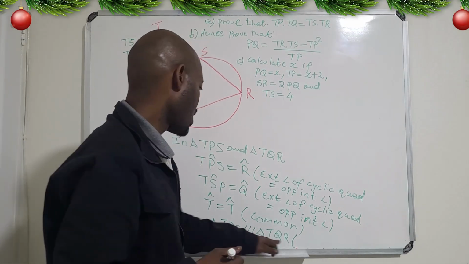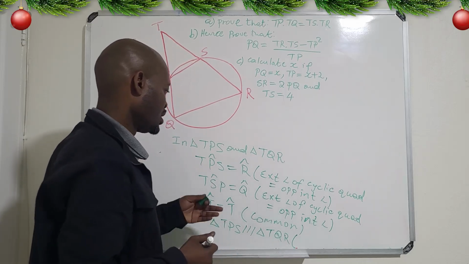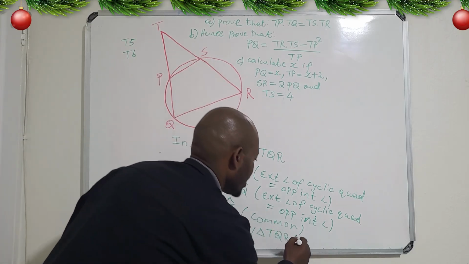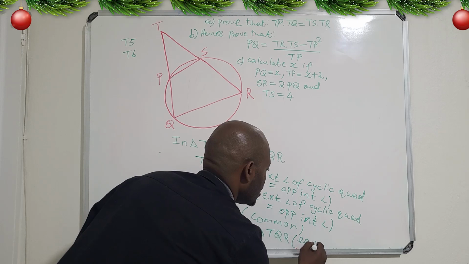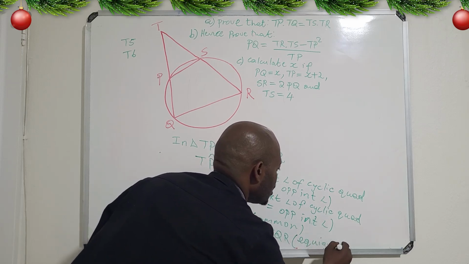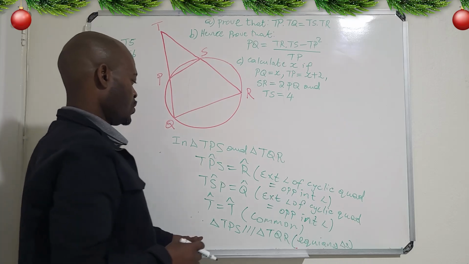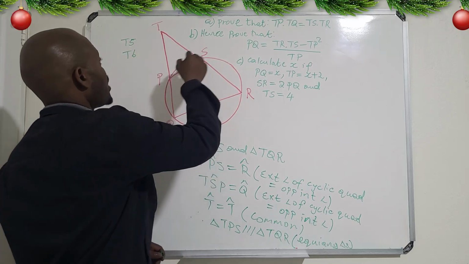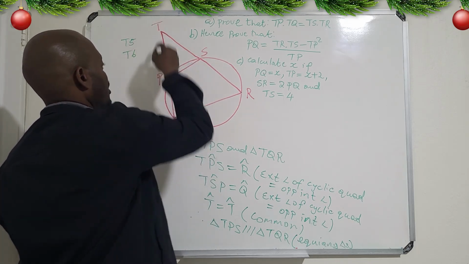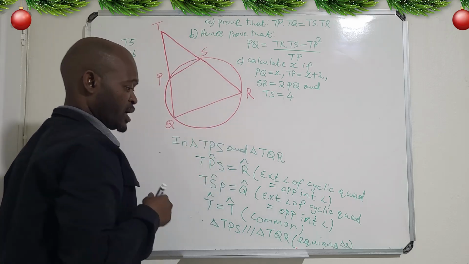Now, why are we saying that they are similar? We know the two triangles are equiangular. Equiangular triangles.